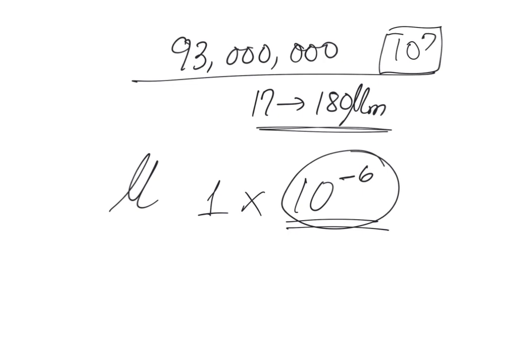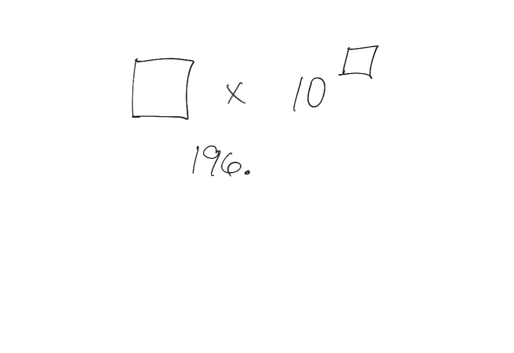So let's quickly recap how to deal with scientific notation. With scientific notation, we have a number times 10 to another number. We take the original number they give us, like 196, if they say write that in scientific notation. We move the decimal till we get to the point where this number can fit in here. And it has to be in between 1 and 10, which is technically, again, in this case, 1 and 9.999. We don't use 10 with scientific notation.